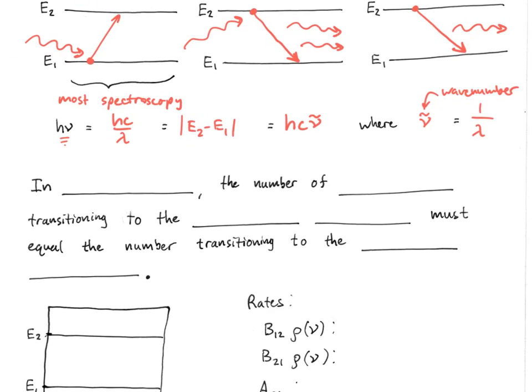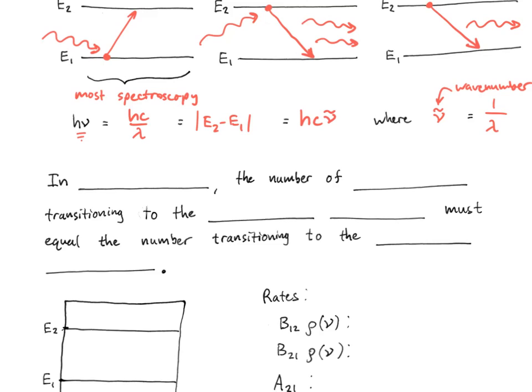Okay, so in equilibrium, we're not always considering systems at equilibrium in this physical chemistry class, though in the other physical chemistry class, thermodynamics, we often are. But let's just assume that this system is at equilibrium.